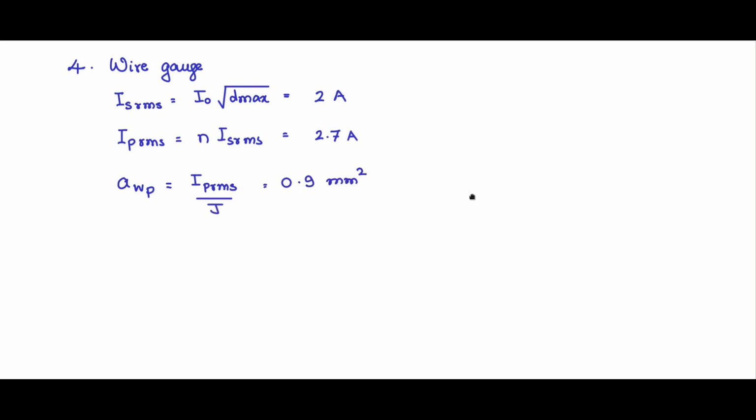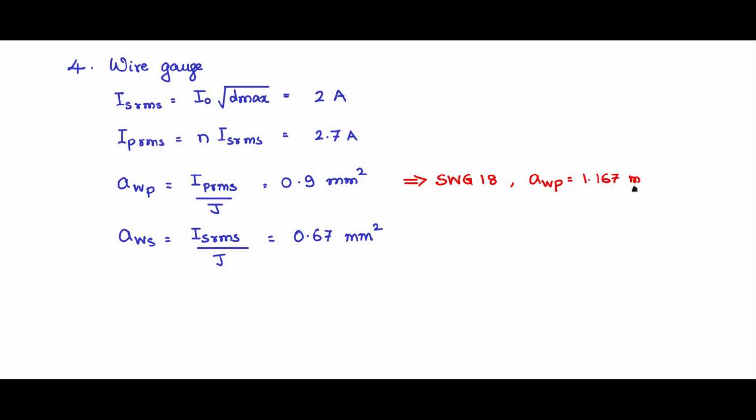You will end up with 0.9 mm square. Area of cross section of the secondary winding wire, IS RMS by J, you have 0.67 mm square. For the primary, go to the wire table and you will see that SWG 18 will fit. It has a wire cross section of 1.167 mm square, and SWG 19 will fit for the secondary. AWS will be 0.8107 mm square.